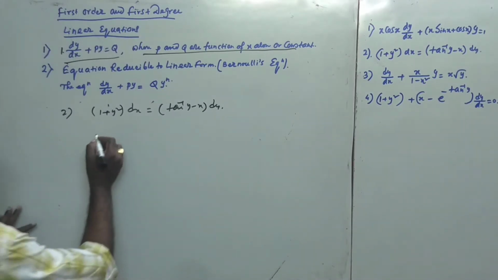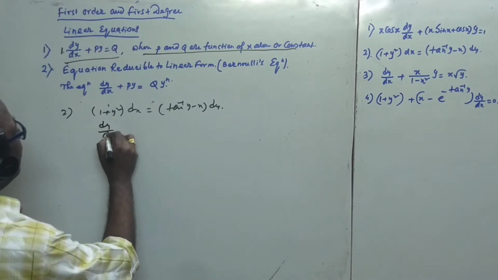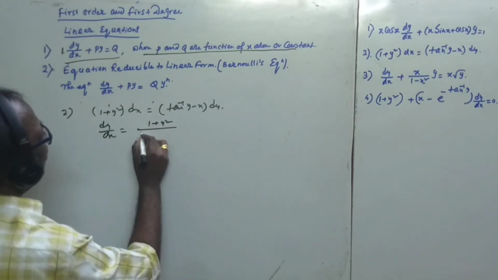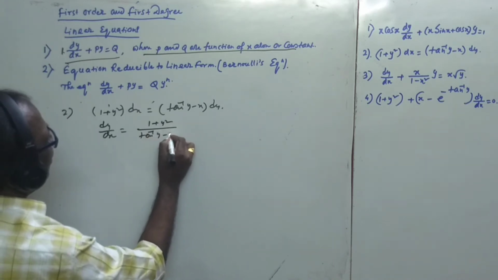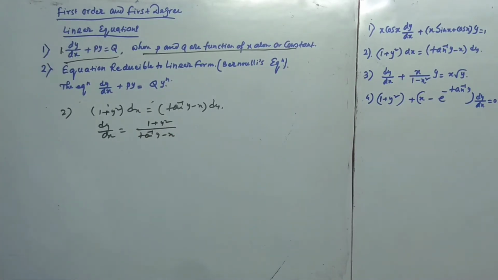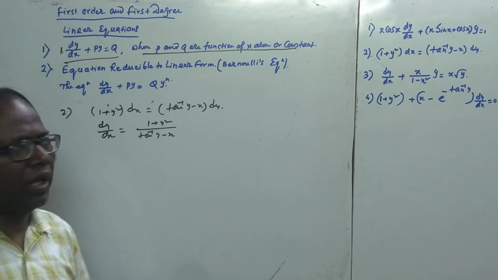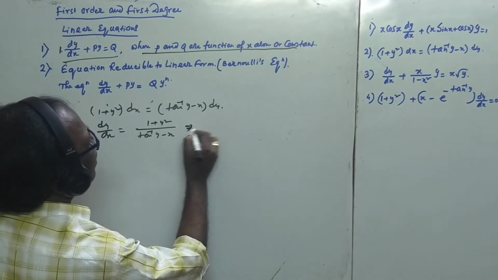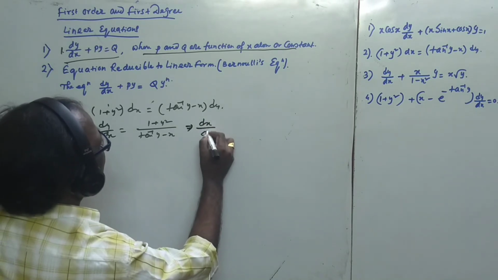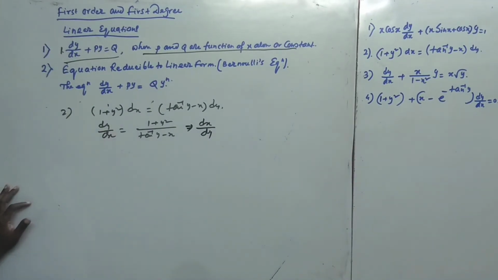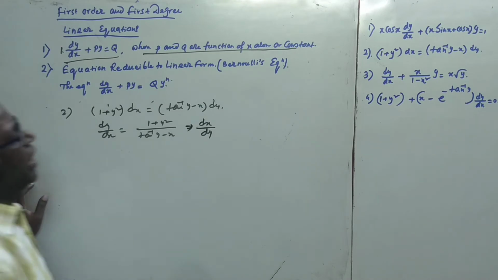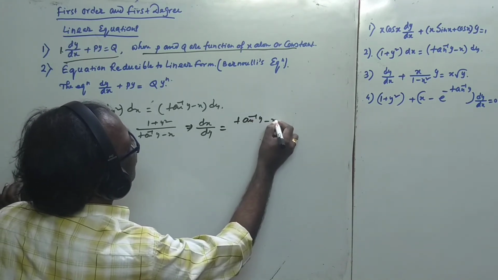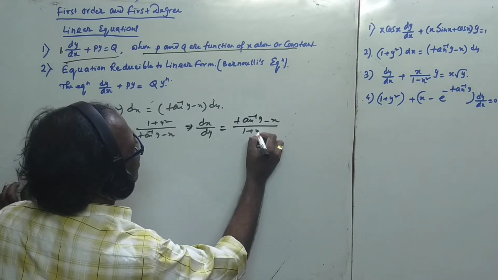If we find dy by dx, we can't separate it into the parts of x and y, so we take the reciprocal of this differential equation, dx by dy, and then this is (tan inverse y minus x) by 1 plus y square.